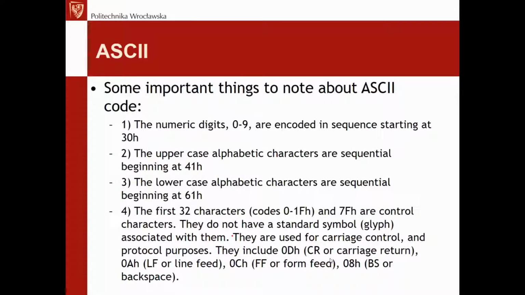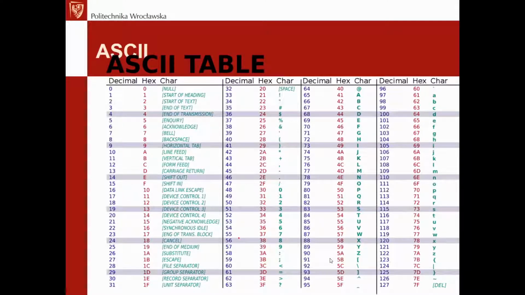Some important things about the coding: everything is in the table. There is the ASCII table where our decimal, hexadecimal or binary number means something. So this time, for example, 1001, the number that we had before, 9A, does not mean 9A, but some special character, because the ASCII table is split into two halves.